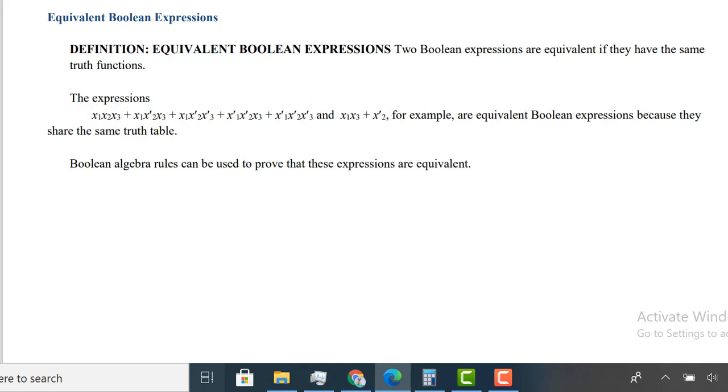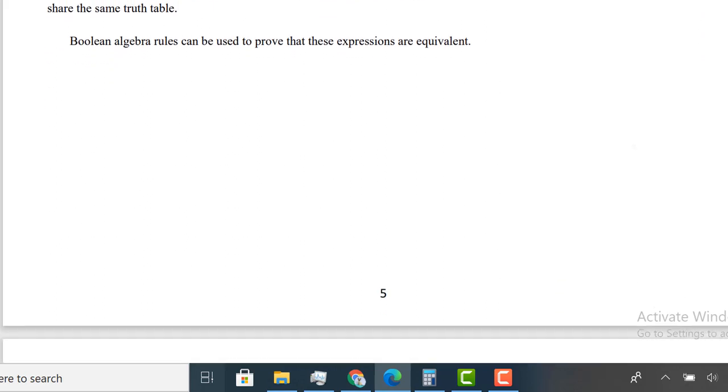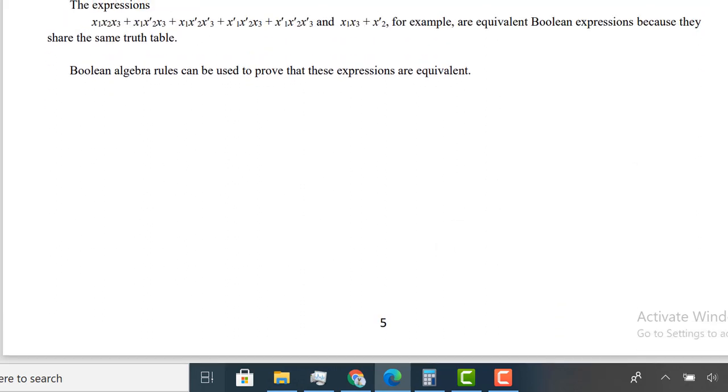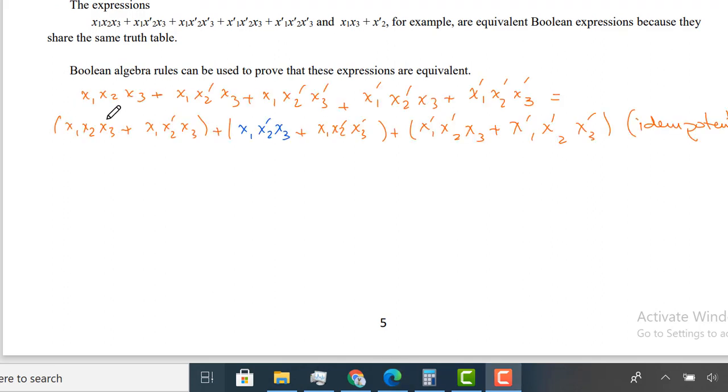Let's use some of the Boolean algebra properties to prove that. What I want you to do is have your flashcard with all the properties next to you. Please try this. So again, I have to go from this to this, the minimized one.